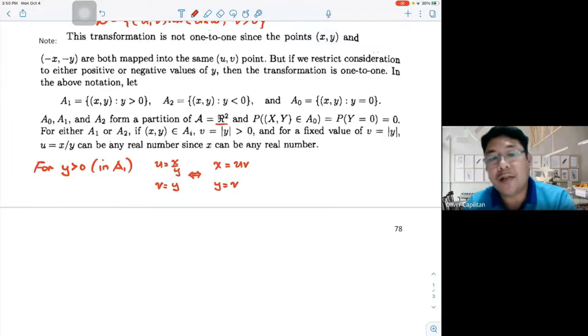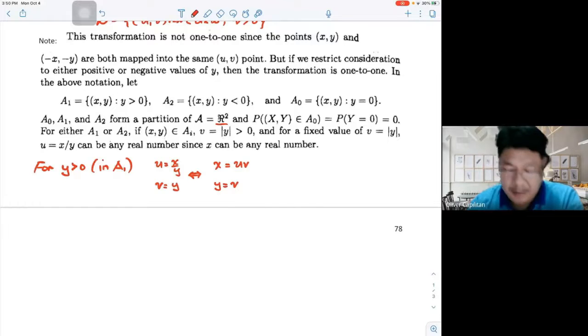This biconditional statement implies that our transformation is a one-to-one transformation from A sub 1 onto script B. Okay? So we can now determine the inverse function for this particular set.